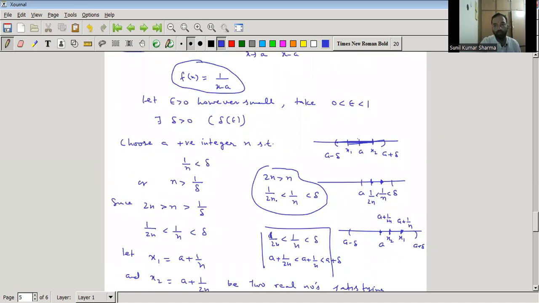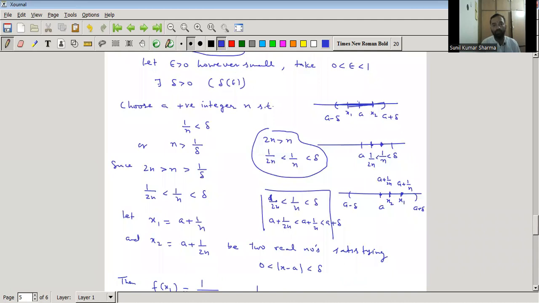Again, go through the proof. Even if you find any difficulty, try to think about this geometrically, and also try to find the relation between these inequalities. It is not necessary that you take 2n and n. You can take 3n and n, or n by 2, 2n plus 1, 2n plus 2.